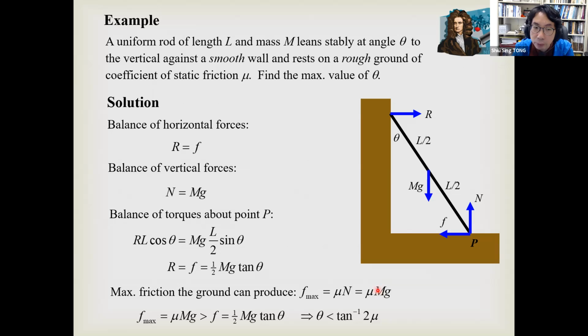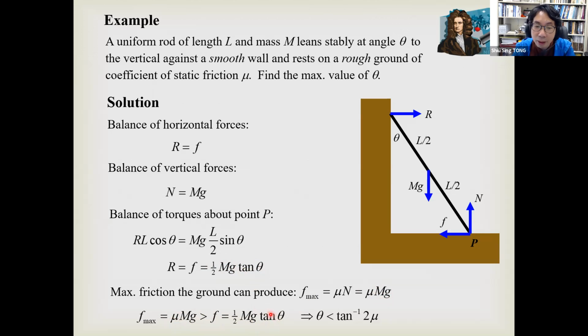So the condition for equilibrium is that the frictional force here given by 1/2 mg tangent theta must be smaller than the maximum friction that can be produced, that is mu mg. So we have this equation. This is the maximum friction that can be produced. It must be larger than the actual friction.